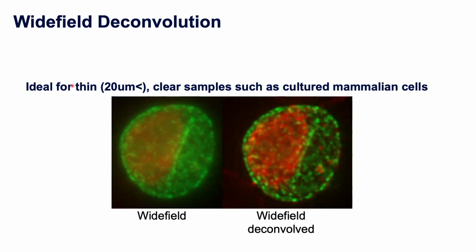This is really ideal for quite thin samples, so anything that's less than 20 microns. Things like cultured mammalian cells. The example shown here is a malaria parasite imaged in wide field mode in 3D, and then using that 3D information to deconvolve and create a kind of pseudo confocal quality image.